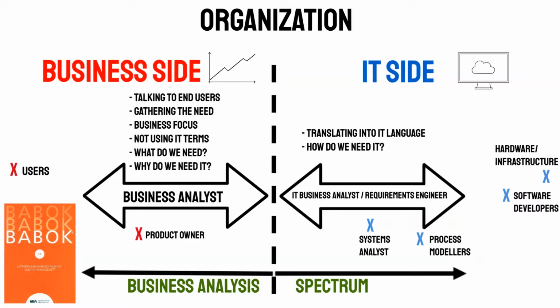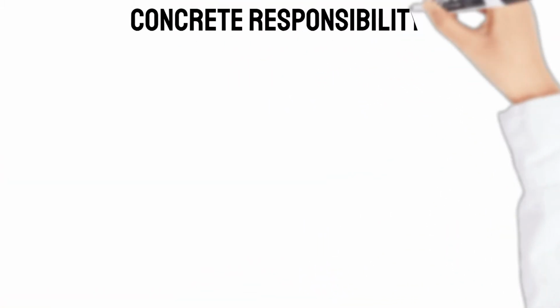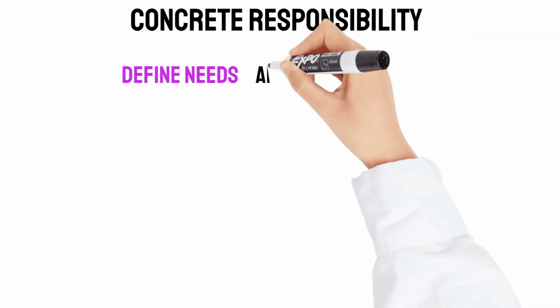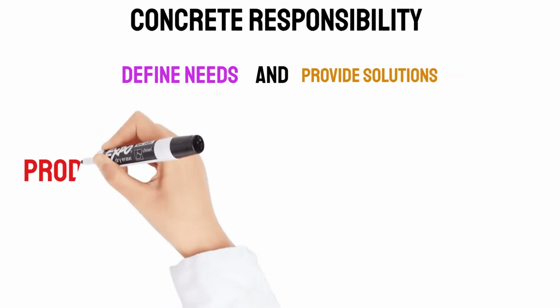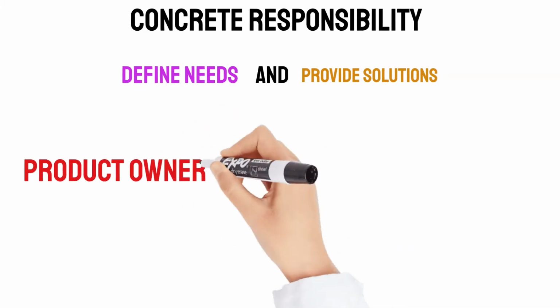So now, after understanding which roles there are for business analysts, I want to talk more about the concrete responsibilities of these roles. Like I mentioned at the beginning, per definition, the responsibility of business analysts is to define needs and to provide solutions. Now let's compare these responsibilities for two concrete roles, the product owner and the systems analyst.